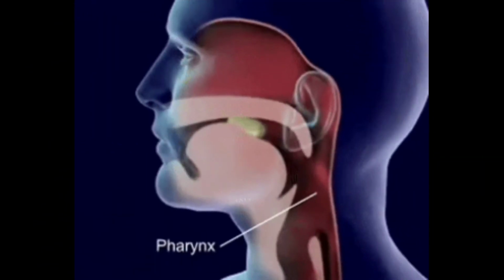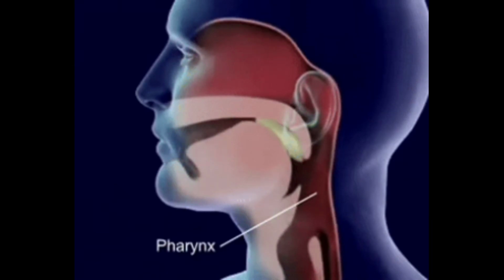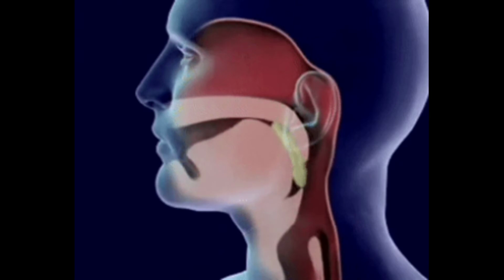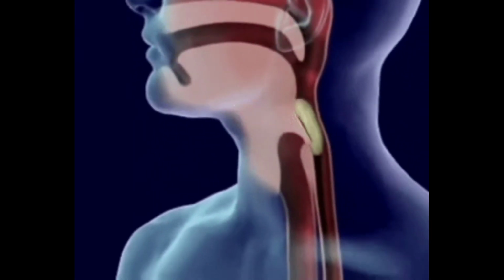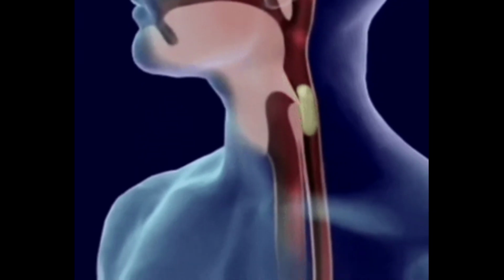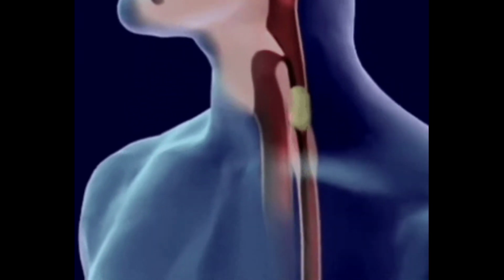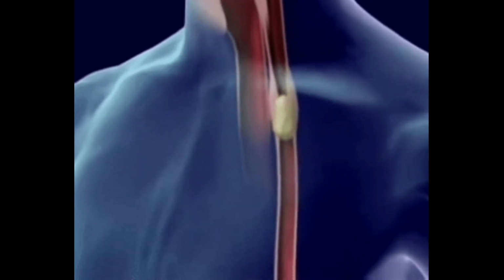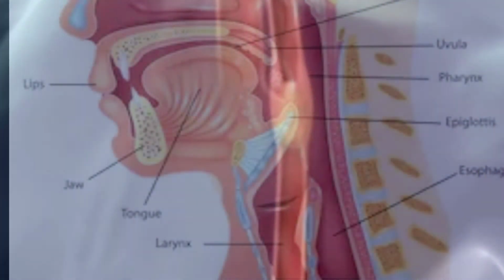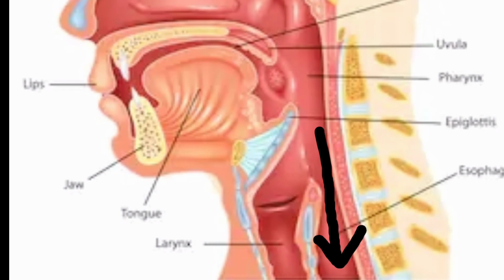However, during swallowing food, it falls down or closes to prevent the food particles from entering the trachea and directs the food into the esophagus. Means the way to the trachea or the windpipe is closed when the food is swallowed and the food is directed into the esophagus. Really, our human body is amazing.